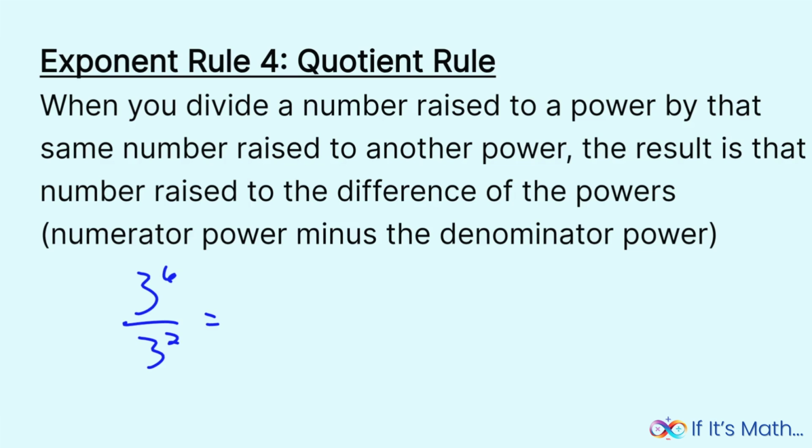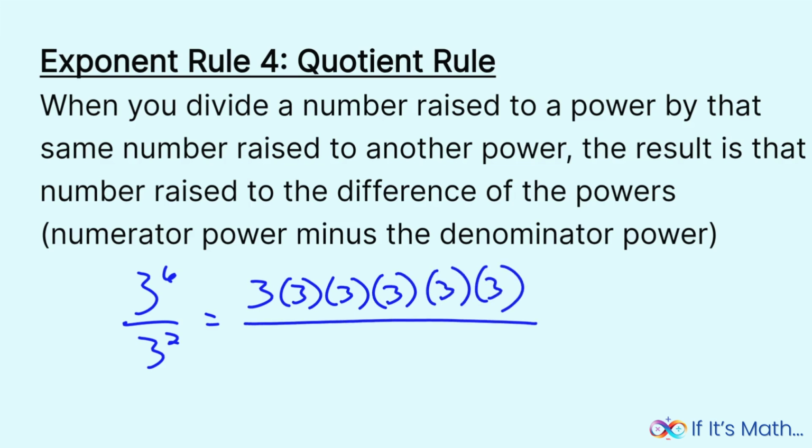You know that that is 3 times 3 times 3 times 3 with a couple more, divided by 3 times 3. Well, that 3 is going to cancel, that 3 is going to cancel, and the only thing that you're left with is 3 to the 4th. So that, as you can see, is 6 minus 2.